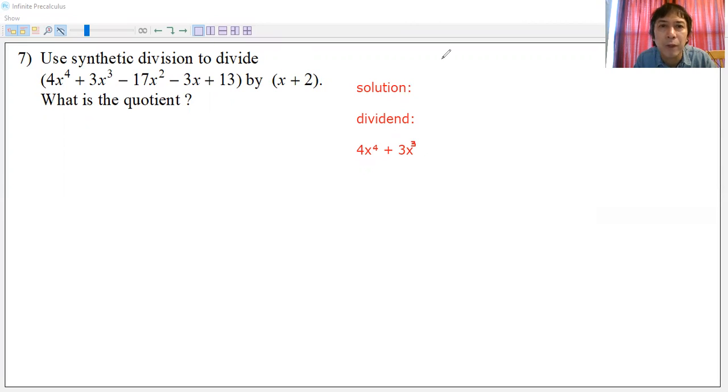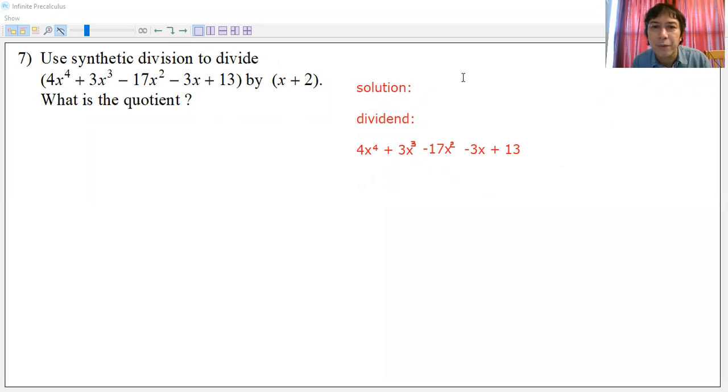And then followed by 2nd degree, that's minus 17x squared, to the second power. And then continue with the 1st degree. This will now be minus 3x plus 13. So 4, 3, 2, 1, 0. These are the coefficients: 4, 3, negative 17, negative 3, positive 13.